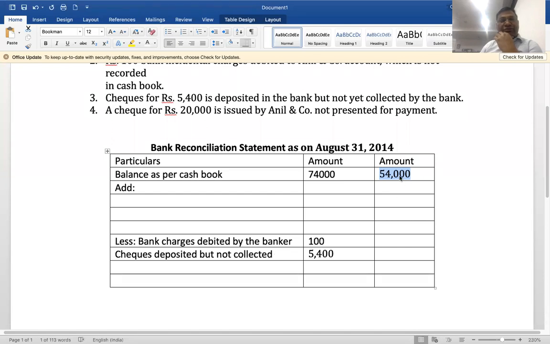So what you have to do, you have to add it back: checks issued but not presented.